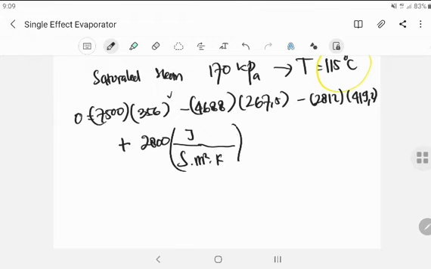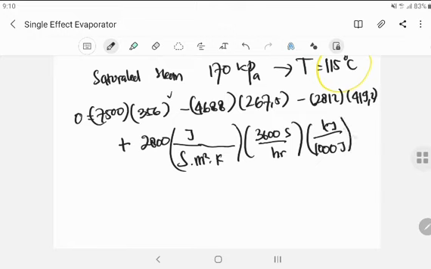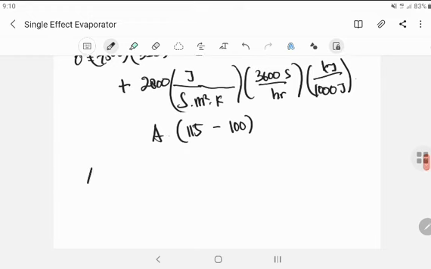This one times A times the temperature of the steam, 115, minus the temperature of the evaporator, which is assumed to be the same as the boiling point of water. So from this equation, you will get the heat transfer area as 73 meters square.